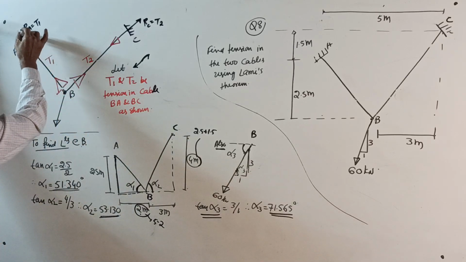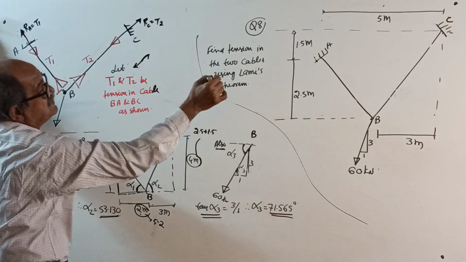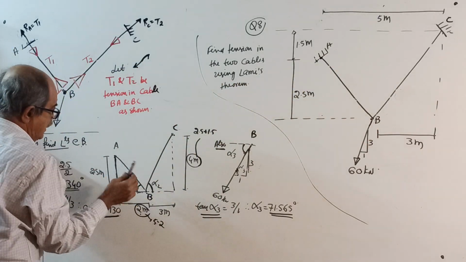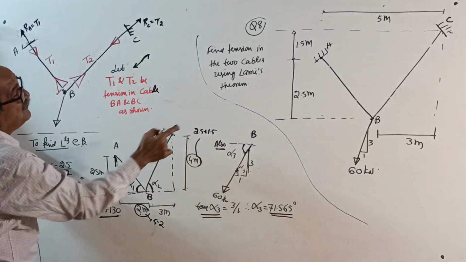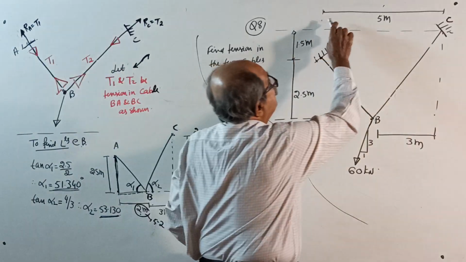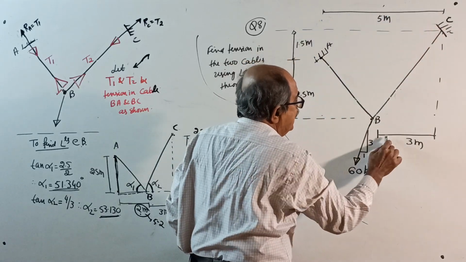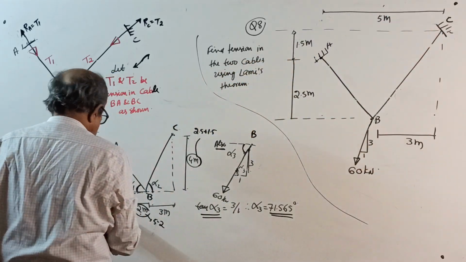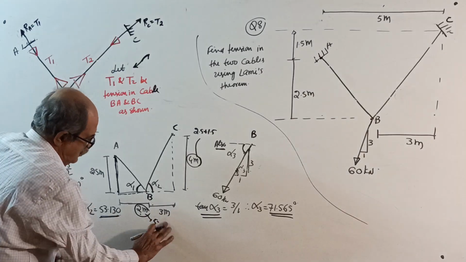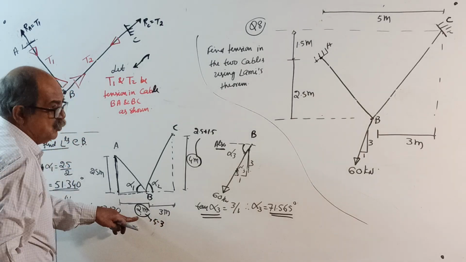See here. A here. See the original sketch. A here, B here. Vertical height is 2.5 meter. Horizontal, this is 5 given, this is 3 given. So this will be 5 minus 3 equal to 2 meter.